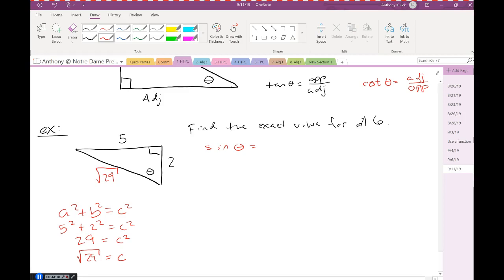That's right. That's okay. All right. So, what is the value for sine theta then? Good. 5 over the square root of 29. Is this the way that we're going to leave our final answer?